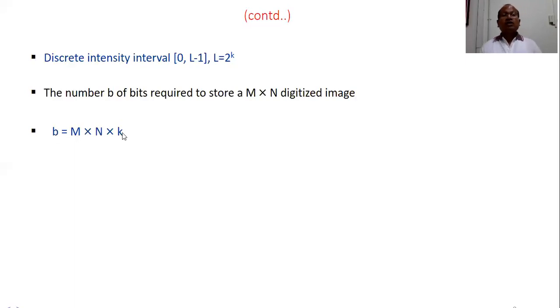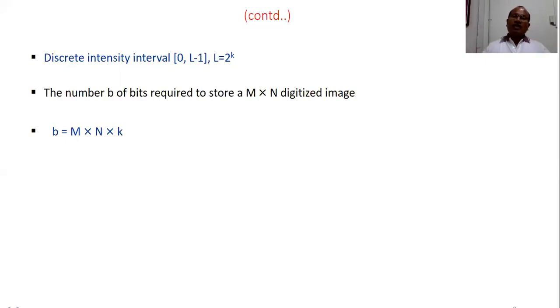It means 1024 rows, 1024 columns. So 1000 into 1000 is 1 mega, that is 10 to the power 6 or 2 to the power 20, because 1024 is 2 to the power 10. So 2 to the power 20, 1 mega number of pixels, and if k is 8 bits, that is 1 byte. So 1 megabyte.